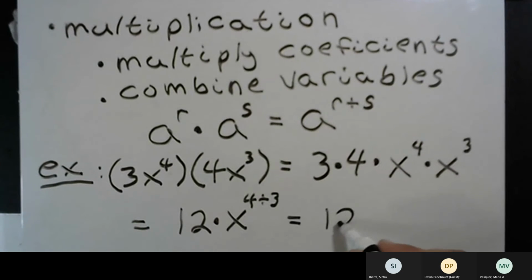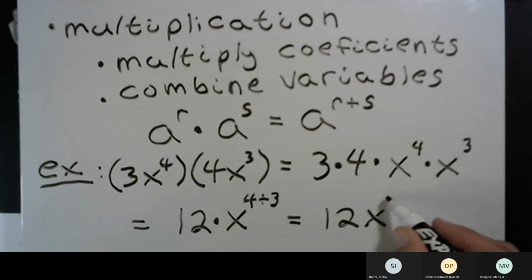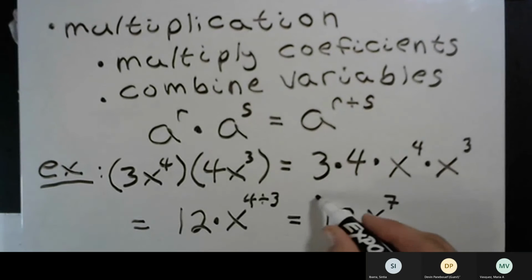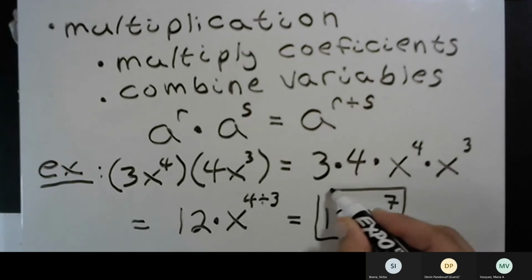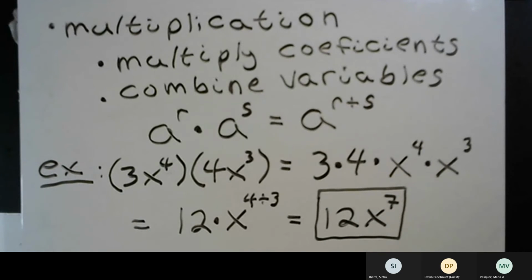This is going to give us 12 x to the 7. Questions about that?